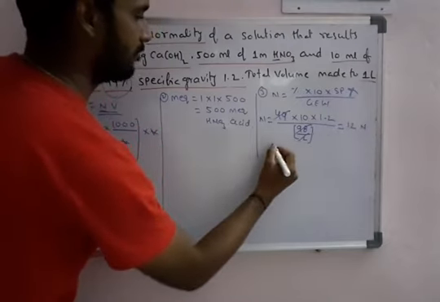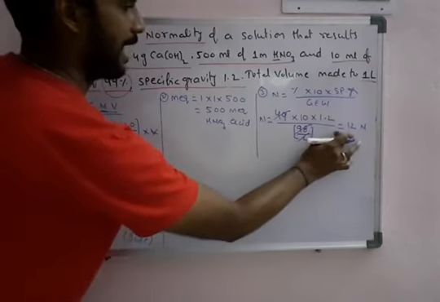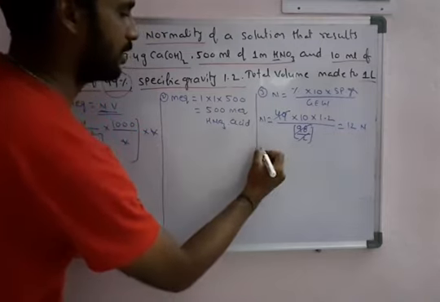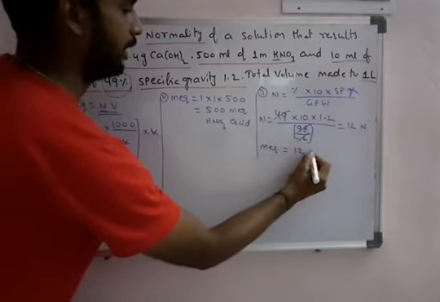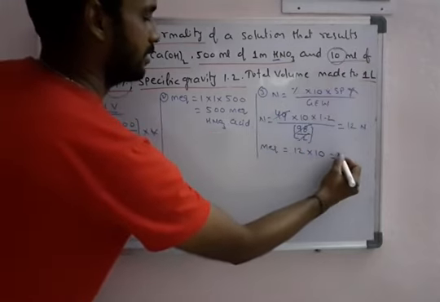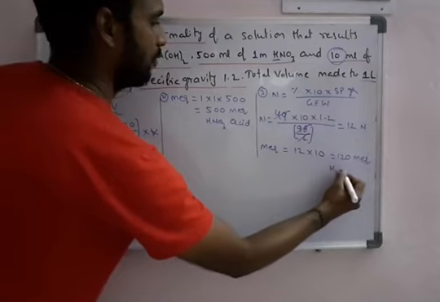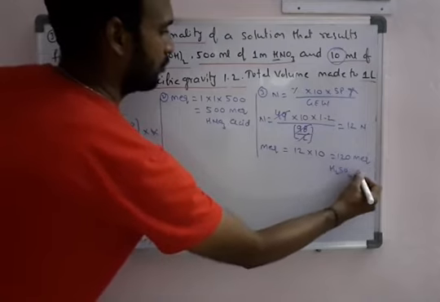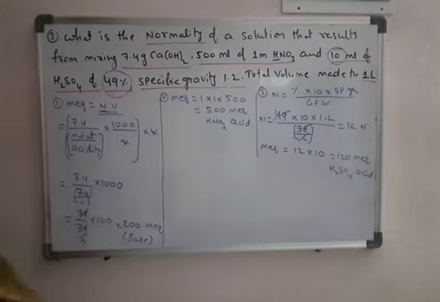This is the normality of acid. Milli equivalents means normality into its volume, 10 milliliters. That is 120 milli equivalents of H2SO4 acid.